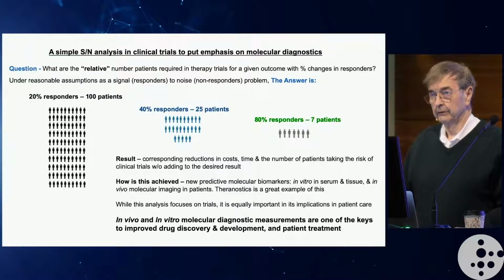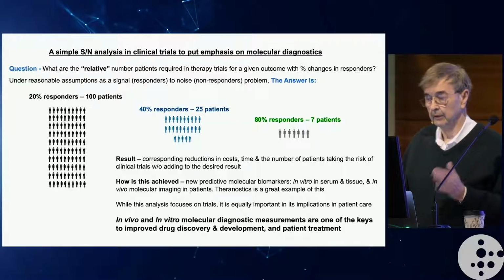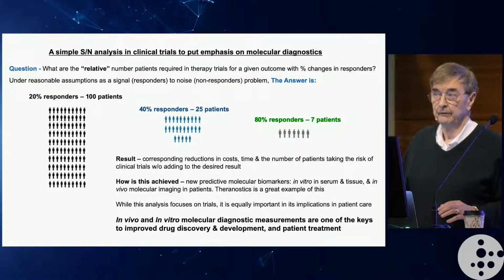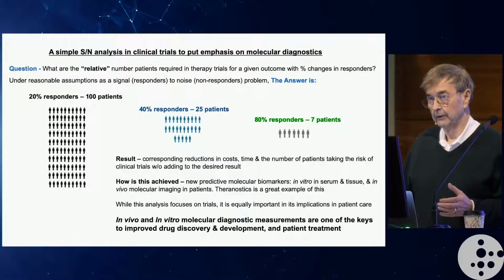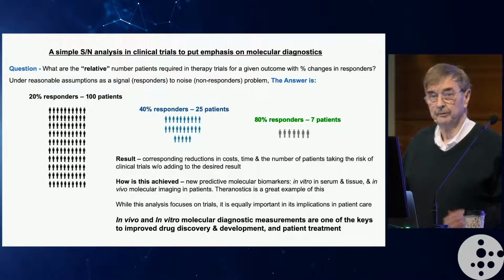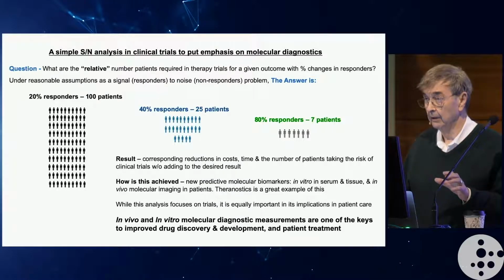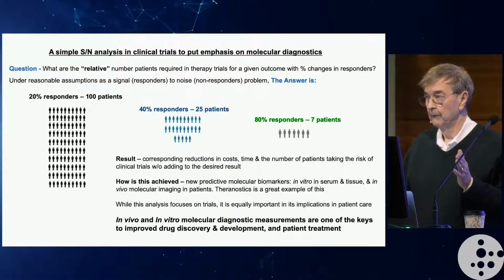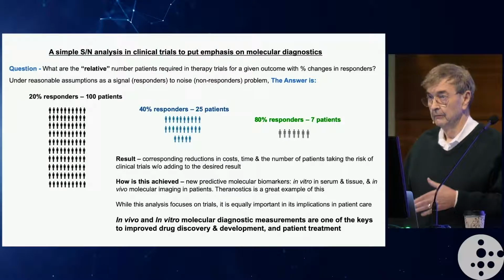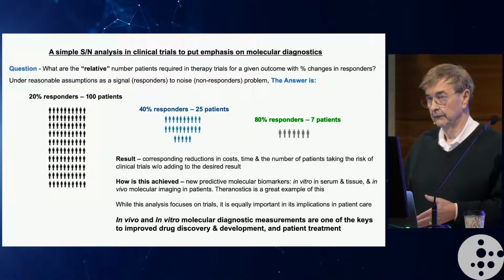Now that results in corresponding reduction in cost, time, and number of patients exposed to the risk of therapies that don't serve the purpose of the trial. This is a dramatic way to impact not only therapy trials, but our use of treatments for patients.